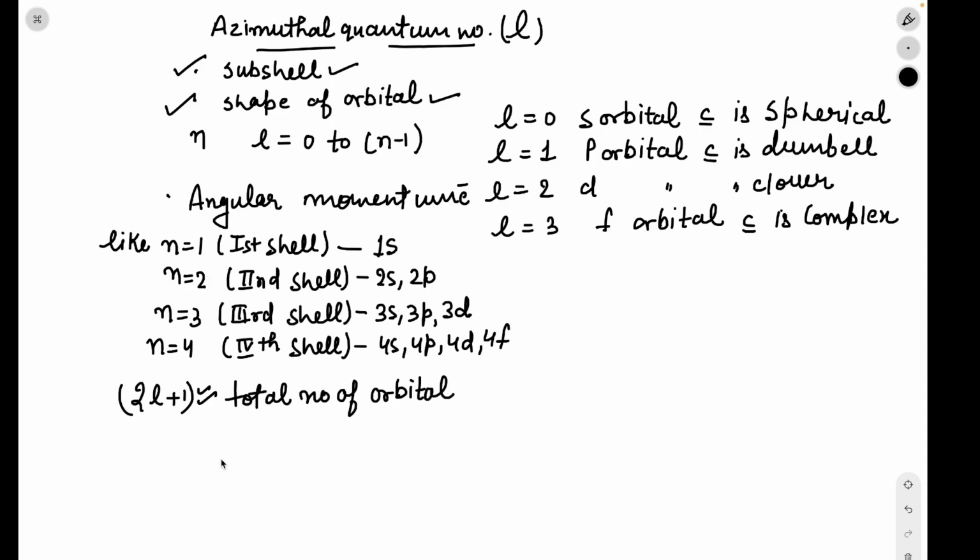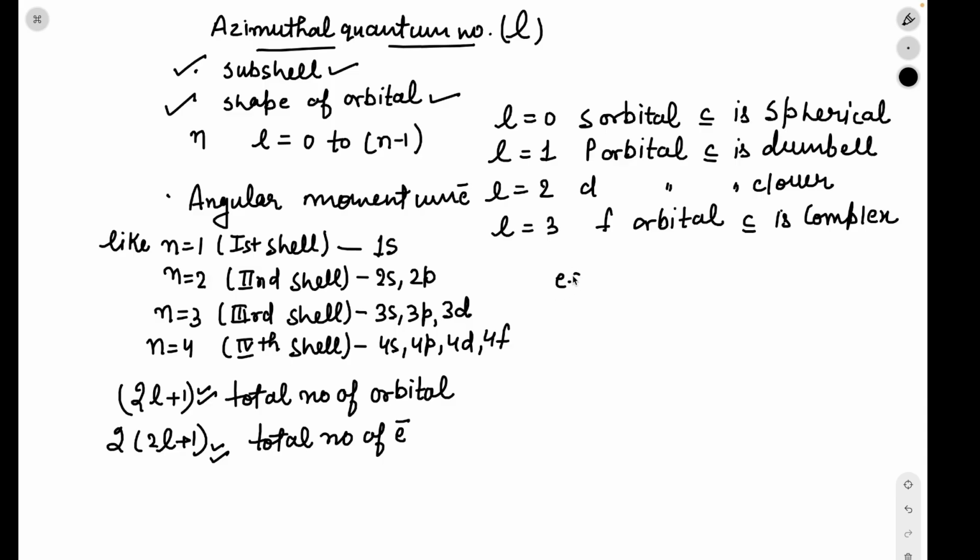And how do we calculate the maximum number of electrons in a subshell? Because each orbital can hold only 2 electrons, we can use a formula like 2L plus 1. By using this formula we can calculate the total number of orbitals in a subshell.